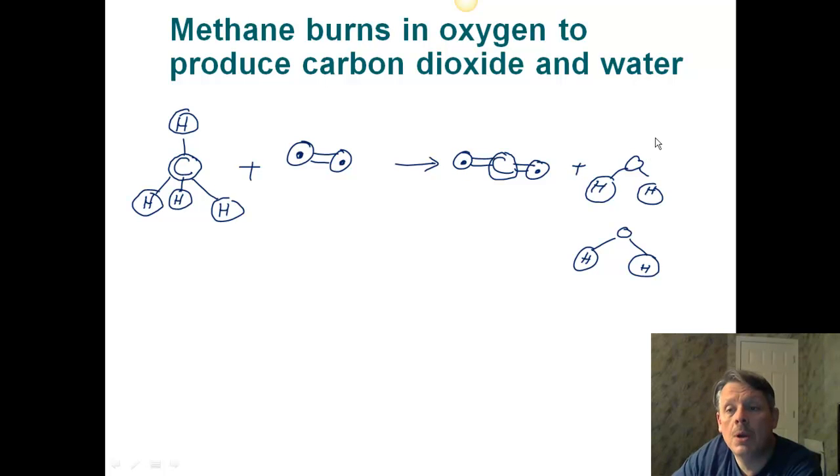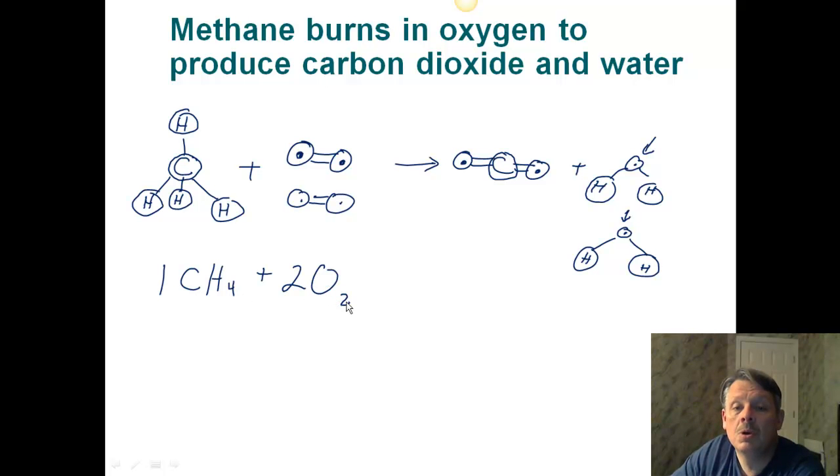Oh no, wait a minute, I'm not done. I've got an oxygen over here and here. Where do they come from? Well, to have them, I'd have to have another oxygen over here to give me my four oxygens that appear on the right. So now what do I have? Well, I have one methane gas plus two O2s.